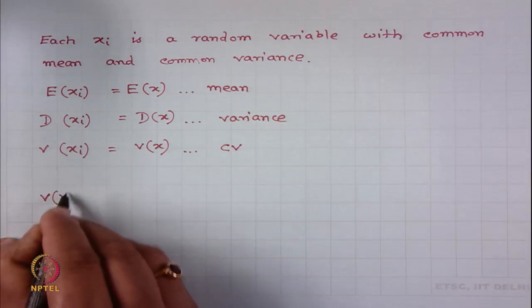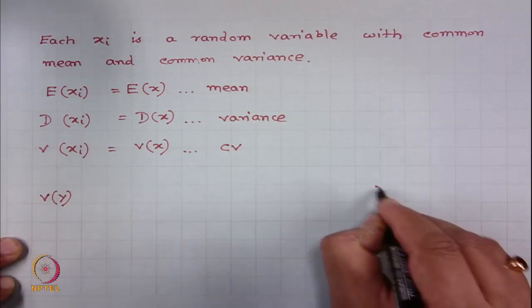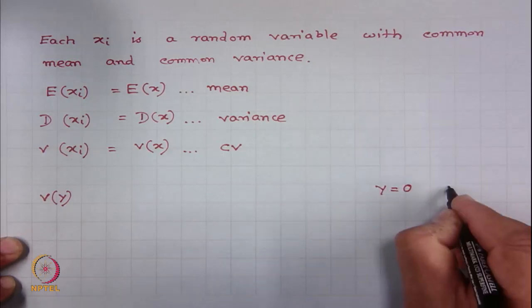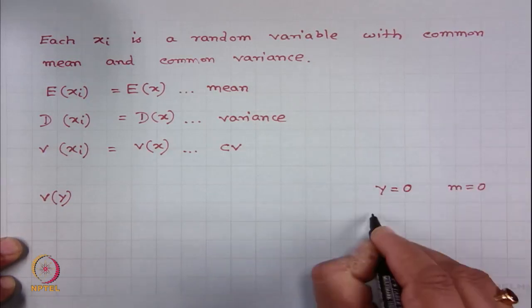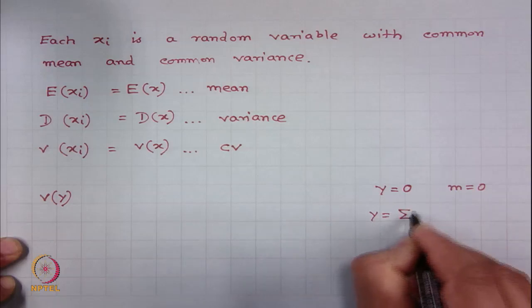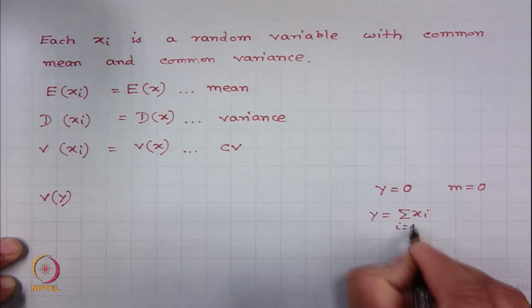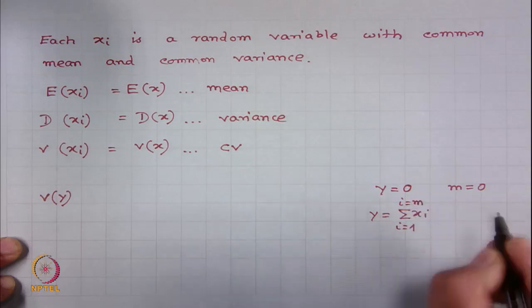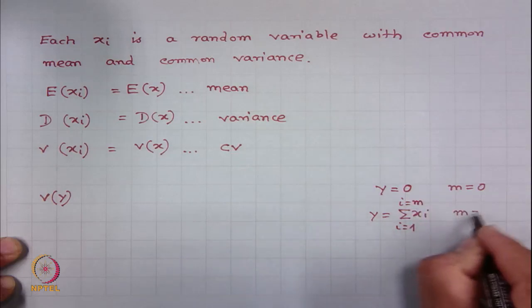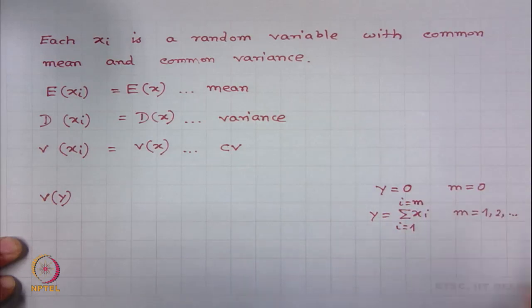Then we can write the variance of y. What is y? Y is 0 when m is equal to 0, and y is the summation of x i when m is 1, 2 and so on.